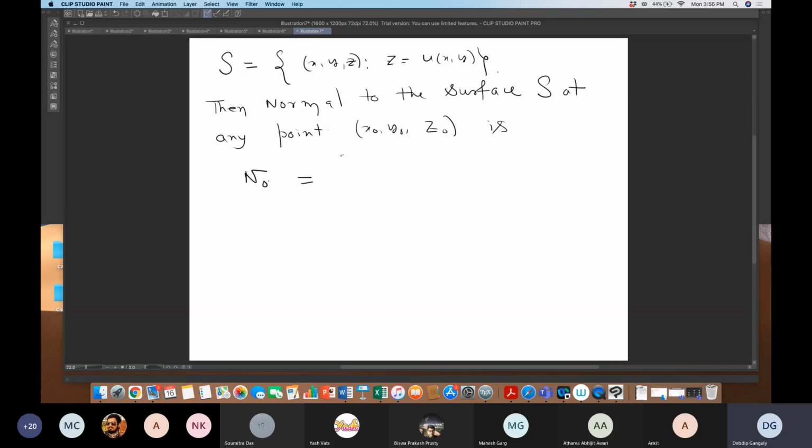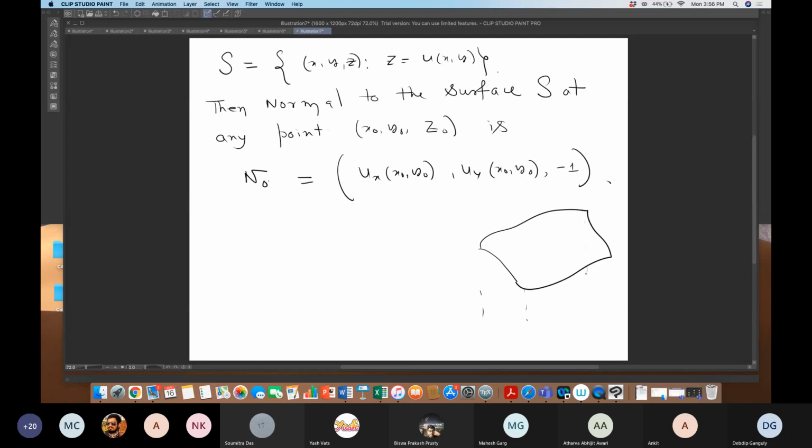N naught is given by ux at x naught, y naught, uy at x naught, y naught, comma minus 1. Clear? So you just draw the graph. This is x naught, y naught, z naught. So this is the normal.